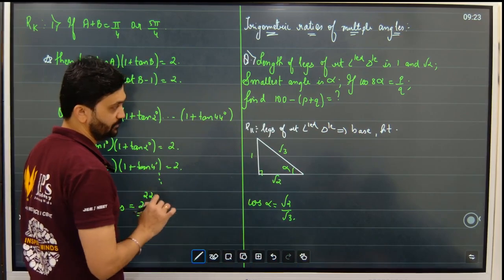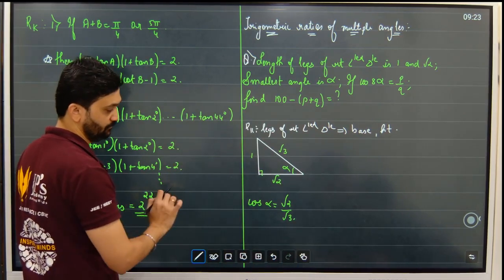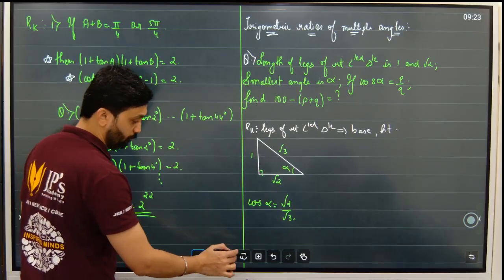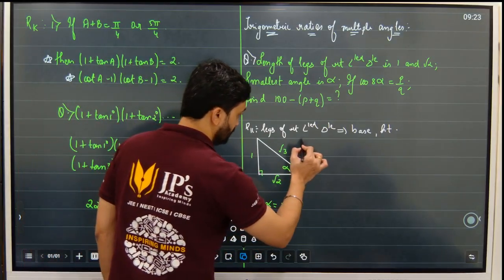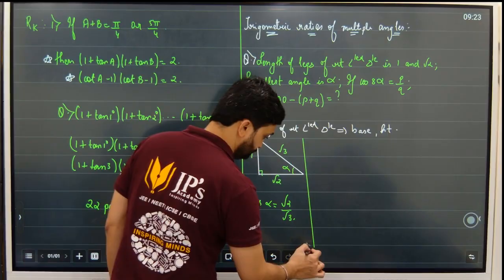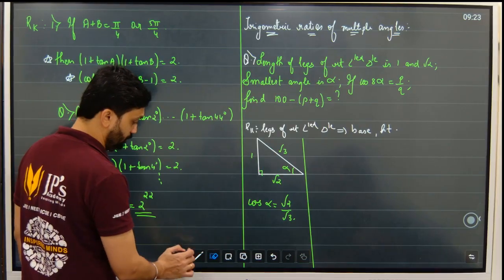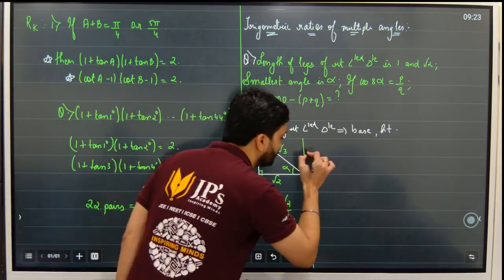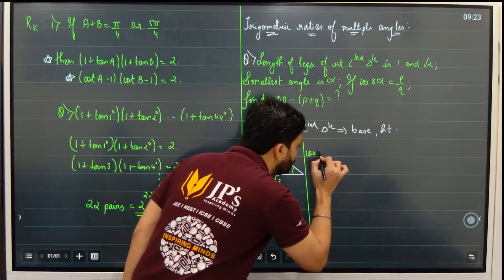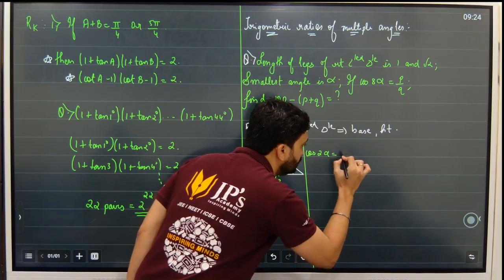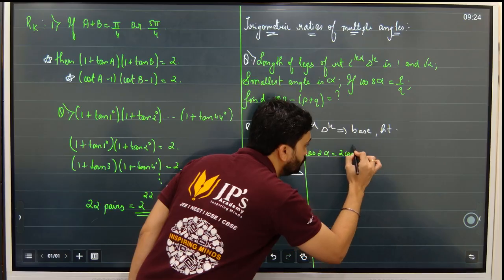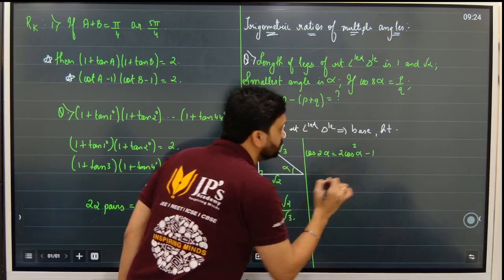First we will find out cos alpha. Now cos alpha is root 2 upon root 3. Now we all know that according to the half angle, cos 2 alpha is 2 cos square alpha minus 1.